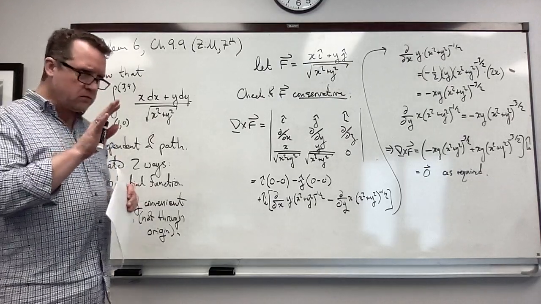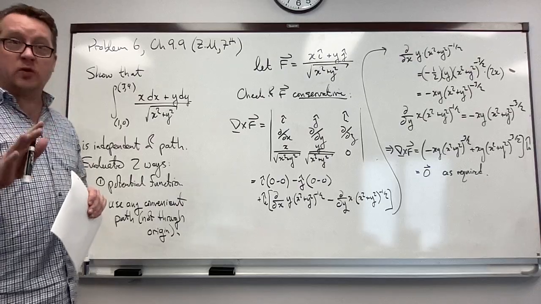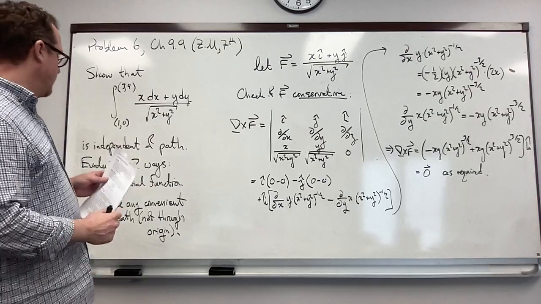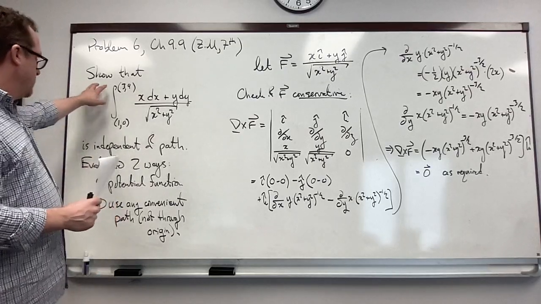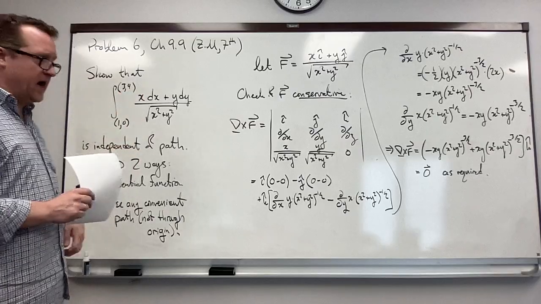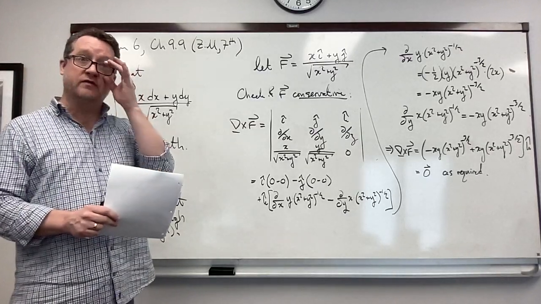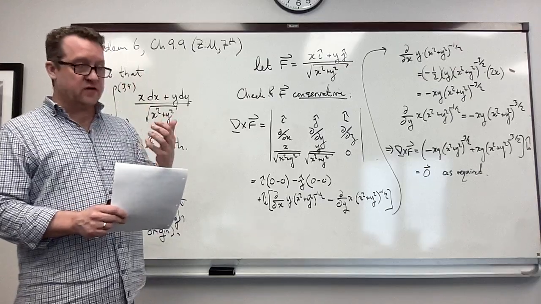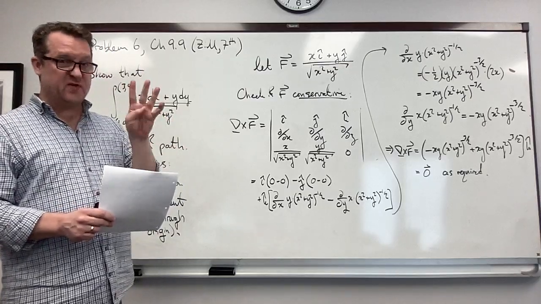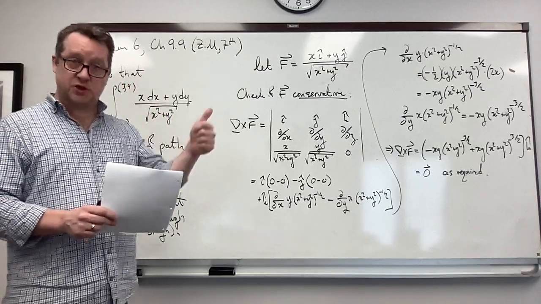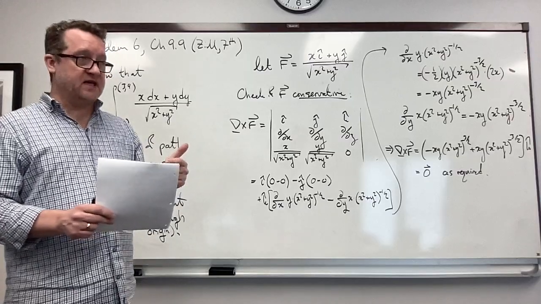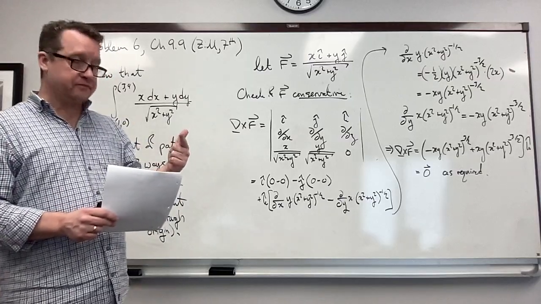When we look at this problem, there's a bunch of things going on here. The first thing is that "show that this is independent of path" is asking whether we realize the features of a conservative vector field. If a vector field is conservative, it means 4 things. Number 1, we say it's conservative. That means that the curl of F is equal to 0.